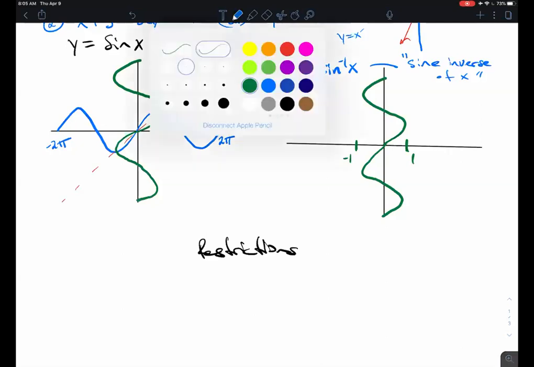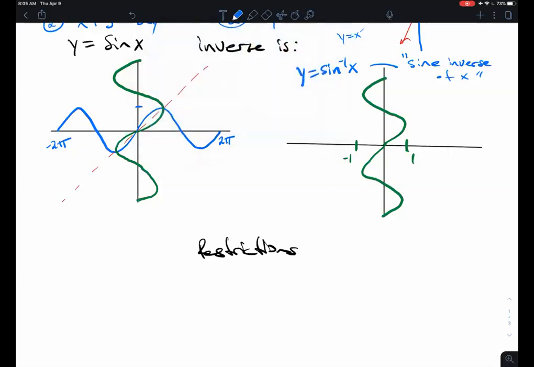Because if we go back to our original function, we know that the restriction on the range was 1 and negative 1. So that restriction, which was in terms of y for the original function, is now the same restriction in terms of x for the inverse. The x's and y's just switch. Everything that's true about that function, you just switch for the inverse.